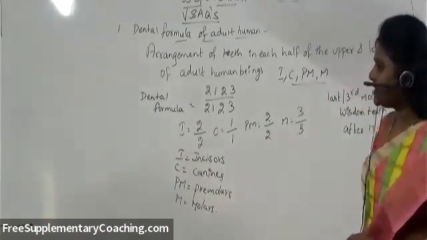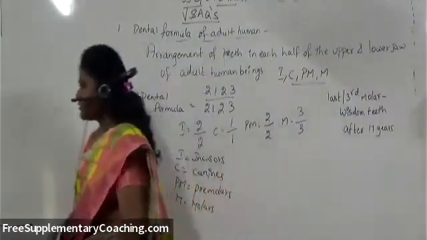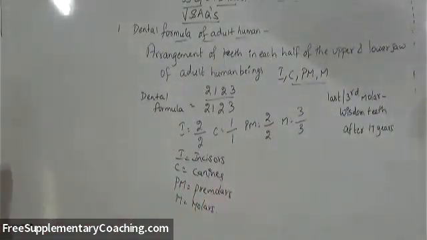The arrangement of teeth in each half of the upper and lower jaw of adult human beings, in the order of incisors, canine, premolar, and molar, is 2,1,2,3 by 2,1,2,3, where I is 2 by 2, C is 1 by 1, PM is 2 by 2, and M is 3 by 3. When they give this question, you are supposed to write the answer like this. Hope that you have understood this.